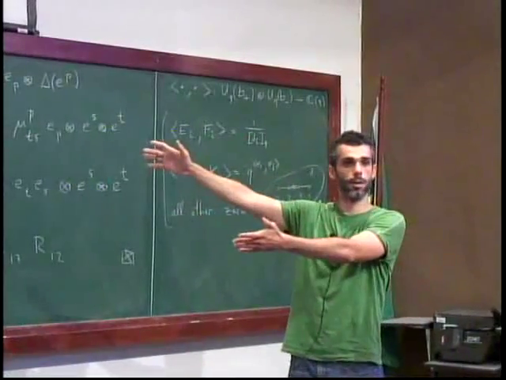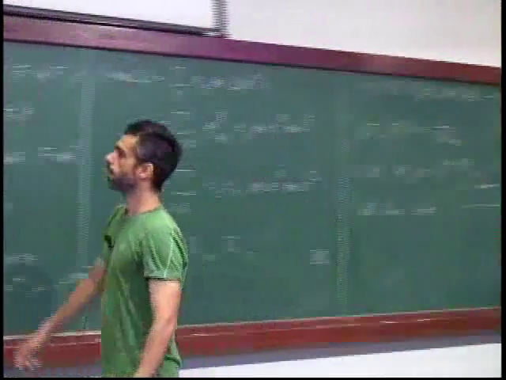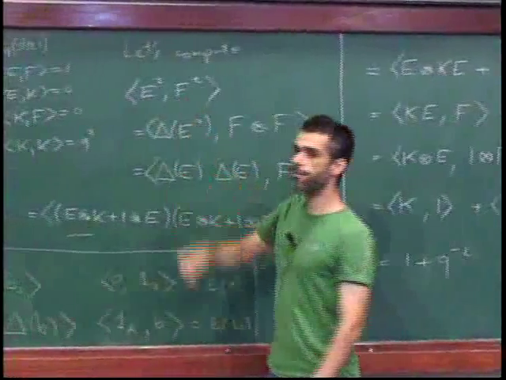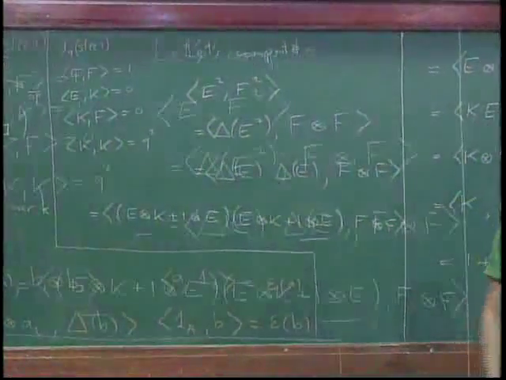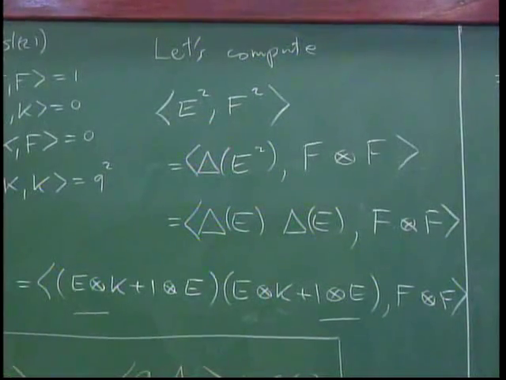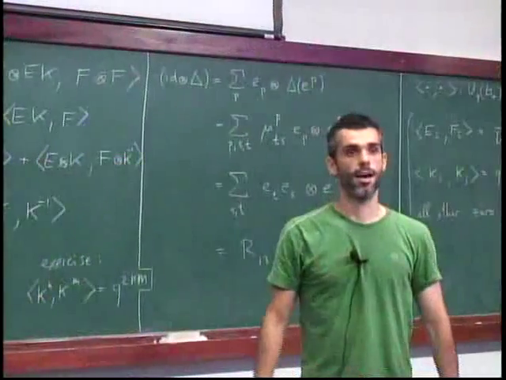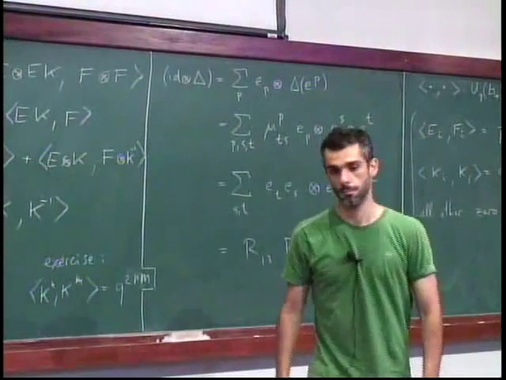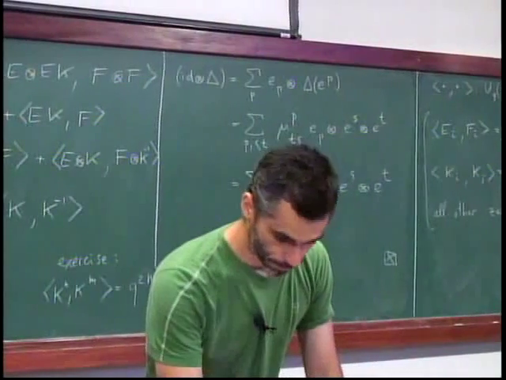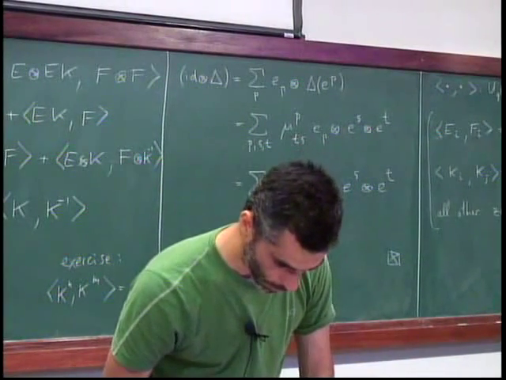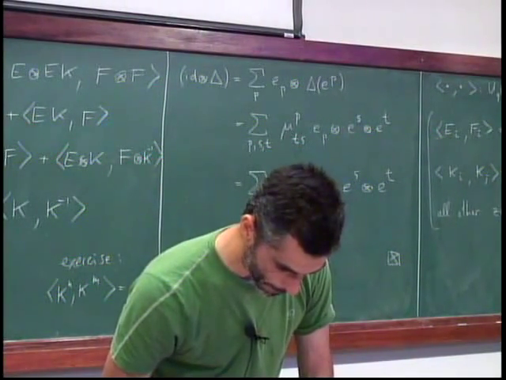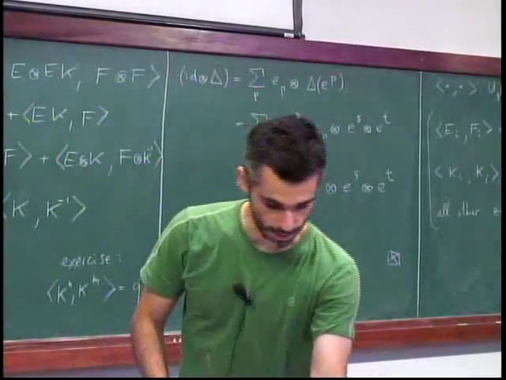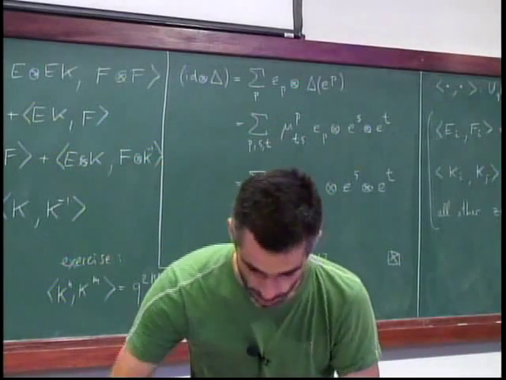You can just do it. If you care about E to the N times F to the N, well, if you have enough patience, you can just do it. And if you're a bit clever, you can even find a closed form for the answer. And I'll give you the closed form for the answer, because I'll need it later.